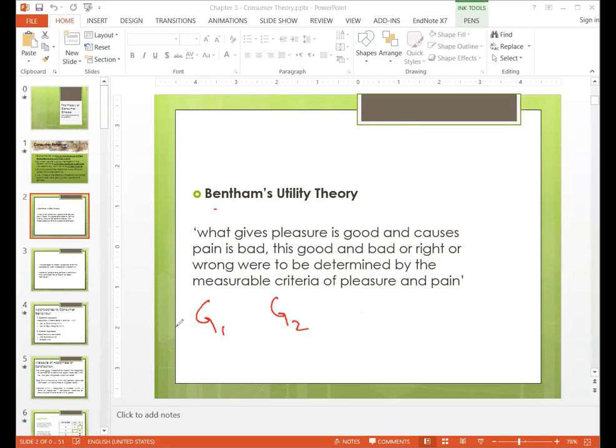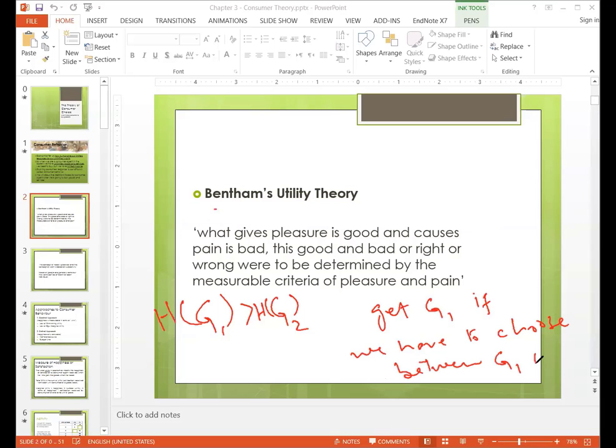So if the happiness from G1 is greater than the happiness from G2, we will like to get G1. Because of scarcity, if we have to choose between G1 or G2, and G1 is giving more happiness, then we will select G1. And if G2 is giving more happiness, we will select G2.